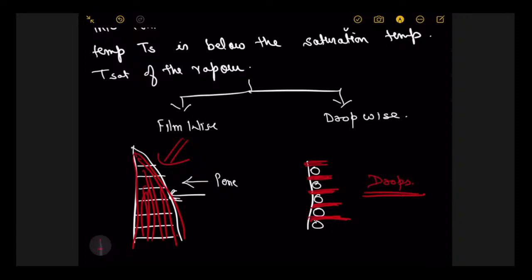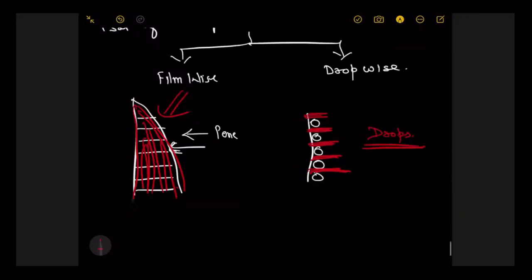But again, drop wise is the ideal condition. It is not possible always that drops will be formed. So heat transfer coefficient of drop wise is 10 times the heat transfer coefficient of film wise.